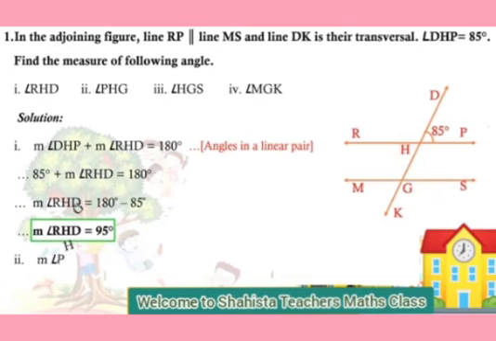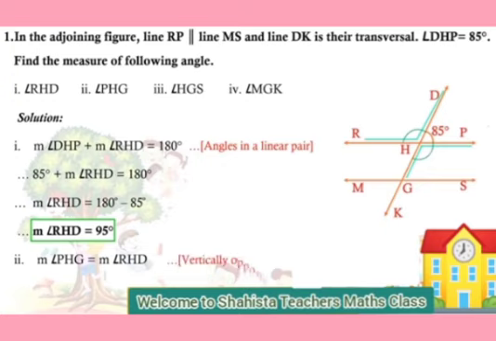Now second is angle PHG. Angle PHG is equal to angle RHD. See the blue color? This blue color highlights the vertically opposite angles. They both are vertically opposite angles, angle PHG and angle RHD. So they both are 95 degrees.